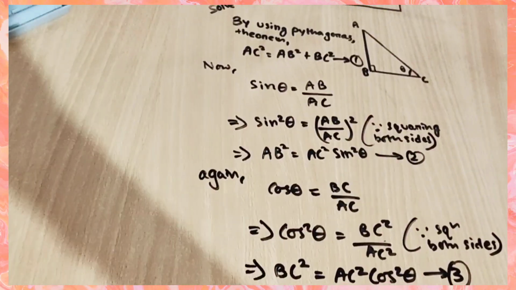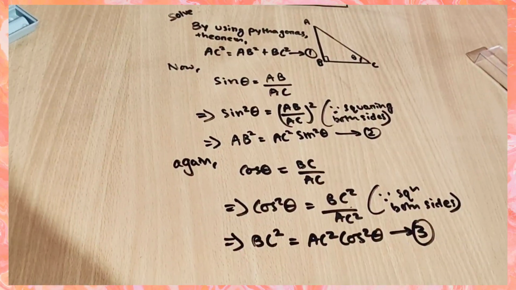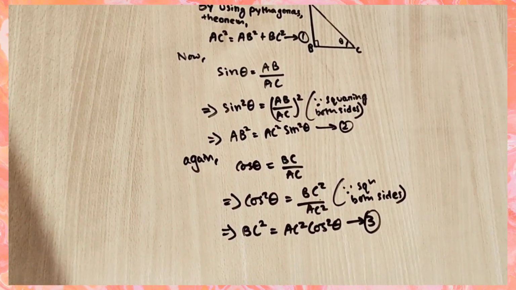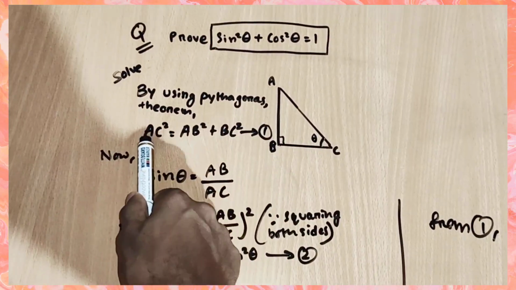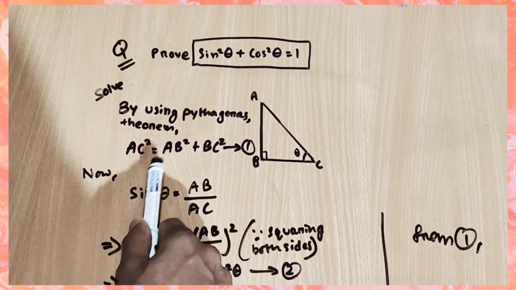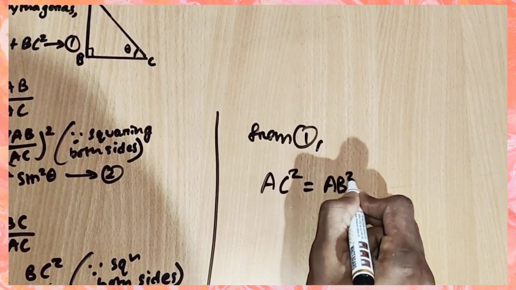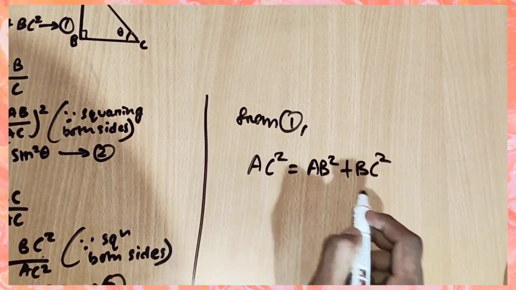Now here is the main concept. We can write from equation 1, AC square is equal to AB square plus BC square.